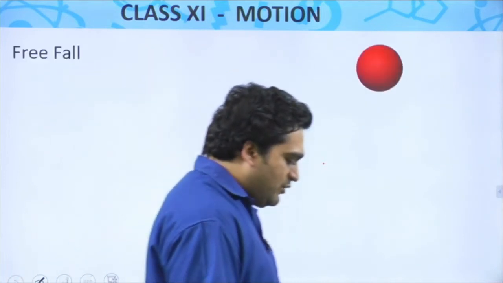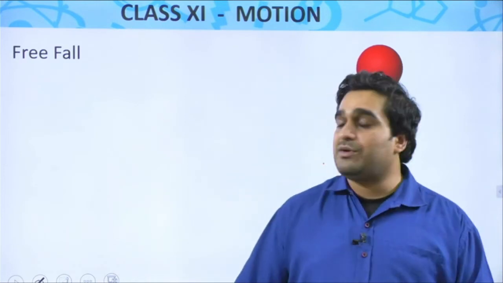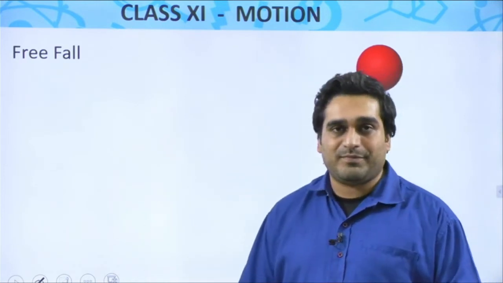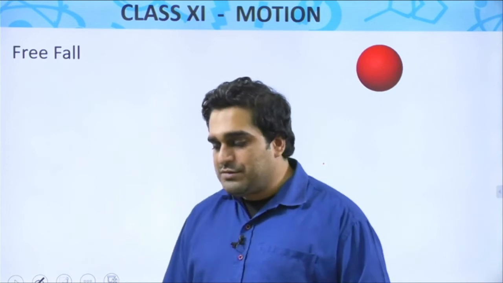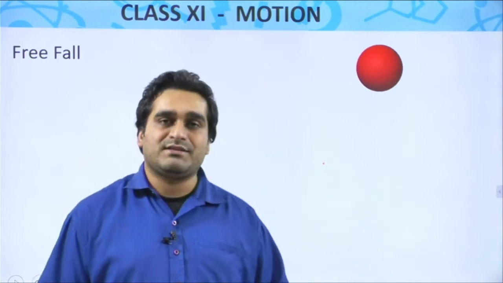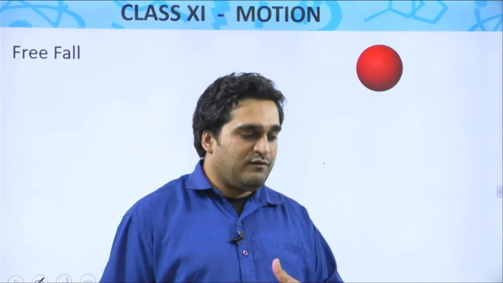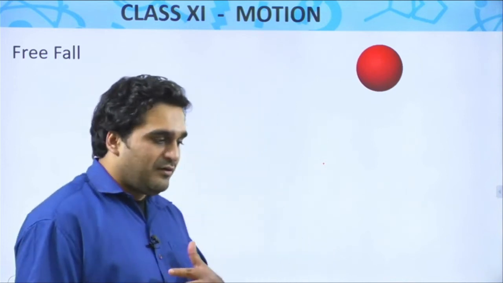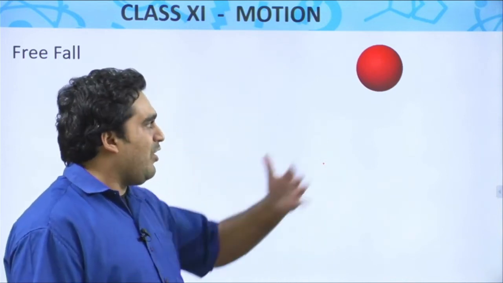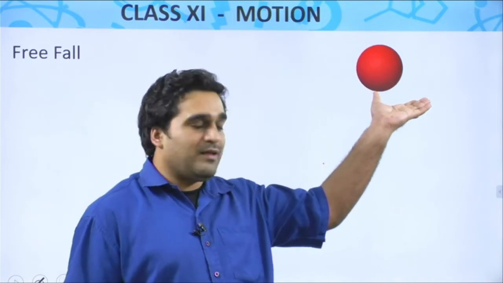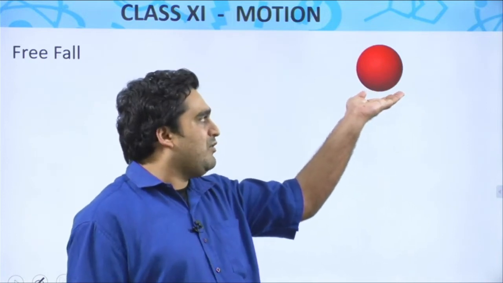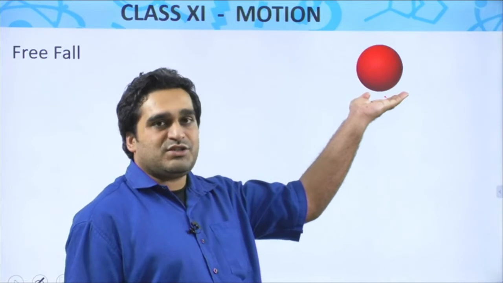So now we move on to the following topic, which is free fall. Free fall: an object that is falling by itself, let's say an object like a ball. Now, holding this ball in my hand, you see it is stationary.